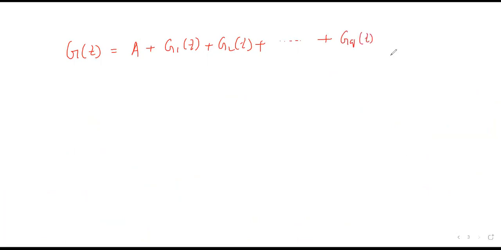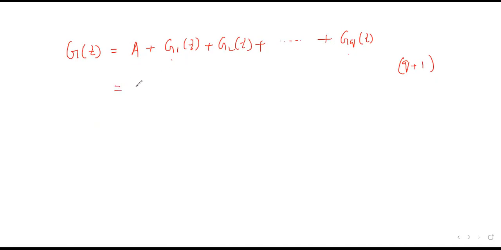So there is a total of Q plus 1 terms, because G1 to GQ is Q terms, and then for one constant you have one term. Basically, we are using the partial fraction expansion. Okay, so a combination again of first and second order.